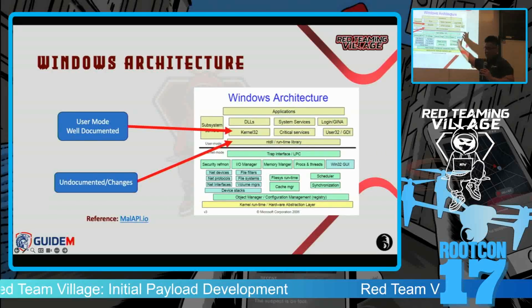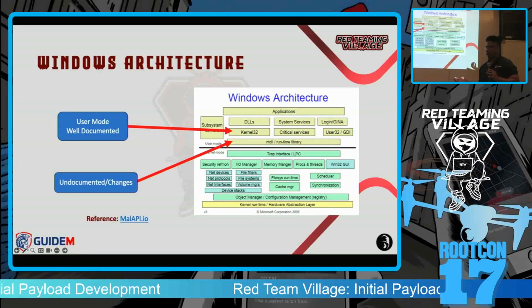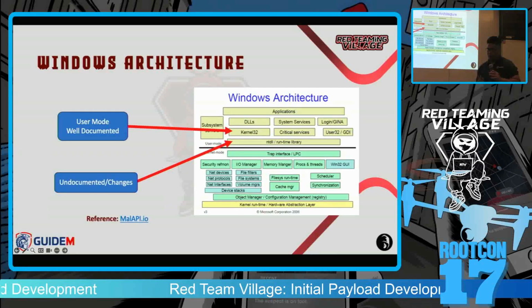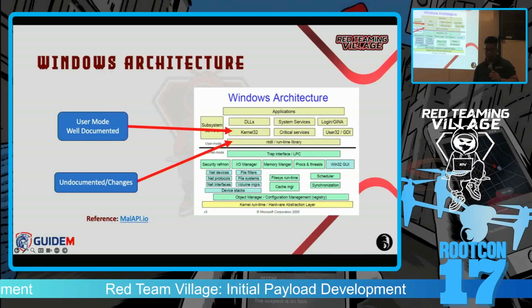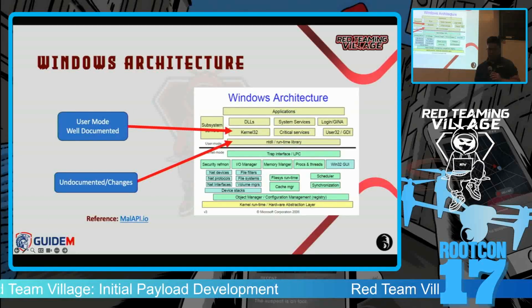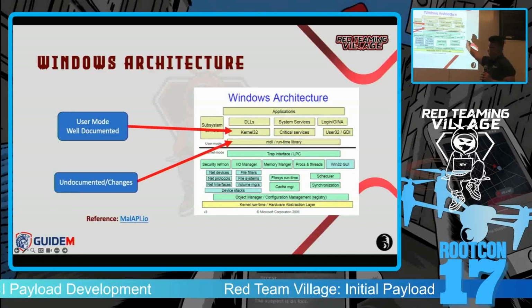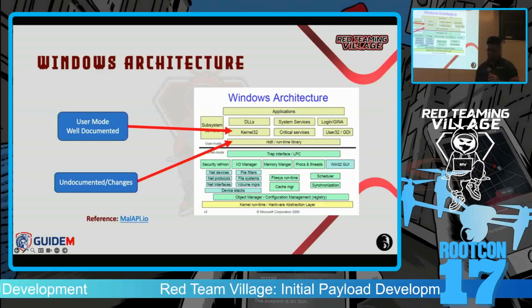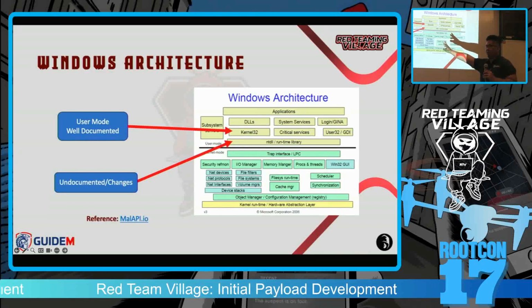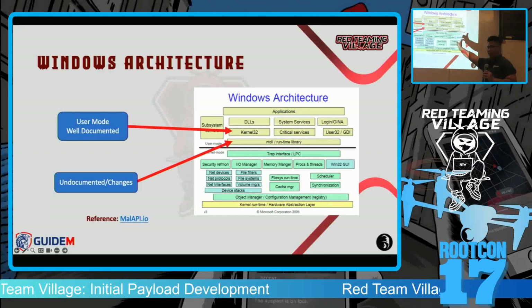This API allows software developers to interact with the Windows operating system to perform various required tasks. The Win32 API is documented, while undocumented functions are in NTDLL.